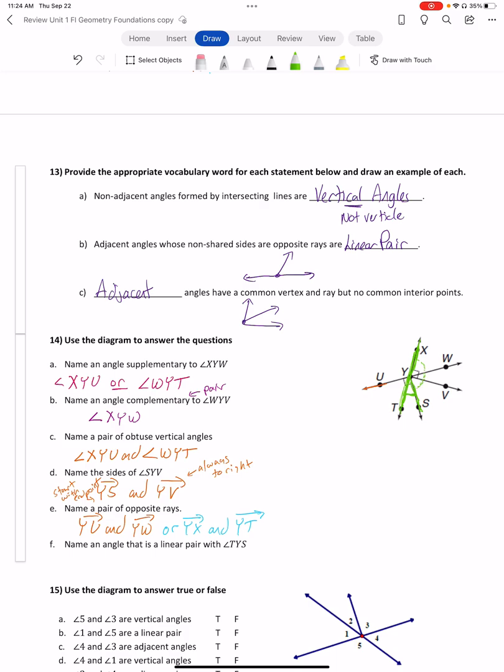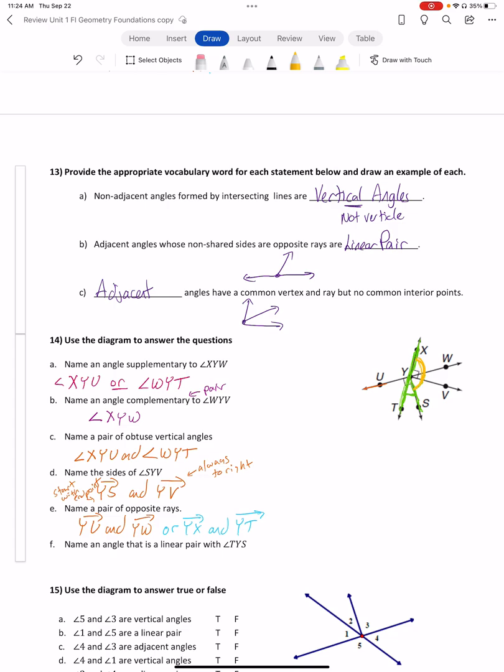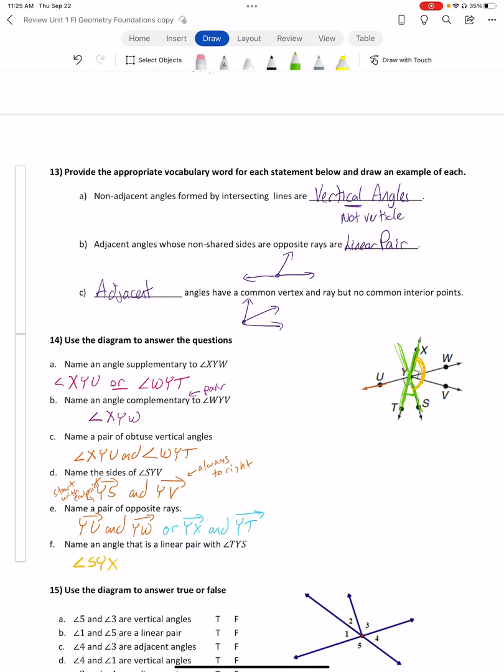Well, this angle here is a linear pair, so XYS or SYX. Problem is, if we're looking at the other side of TYS, do you see that there's no line right here? So we don't have enough information. So that's actually the only answer with that one. So it's just that one right there.